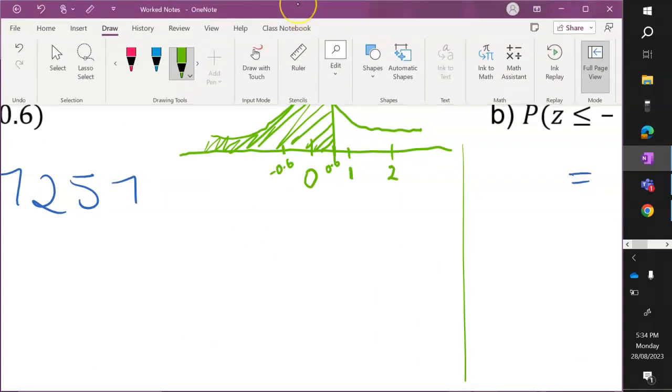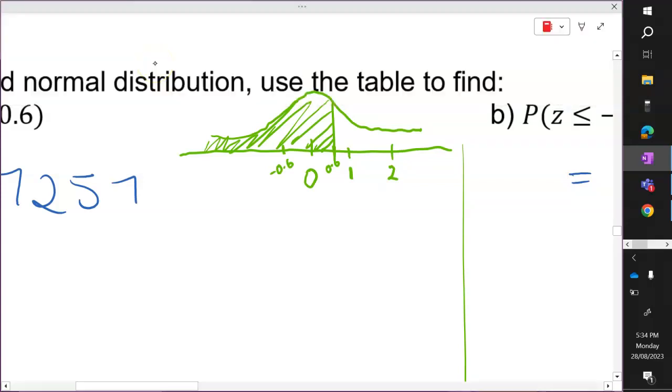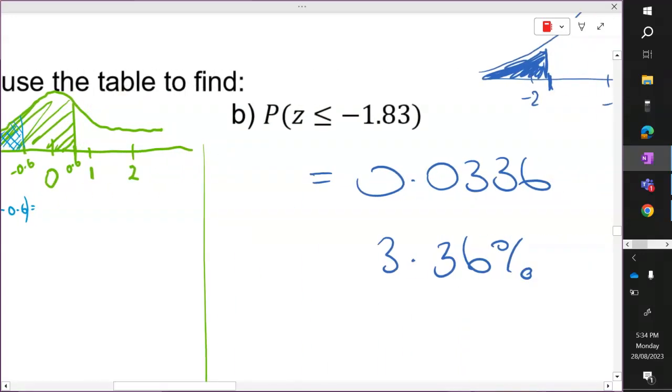If I think of what my blue area is there, I can work that bit out from my table. So the probability that z is less than or equal to minus 0.6 I can get from my table. So let's do that.